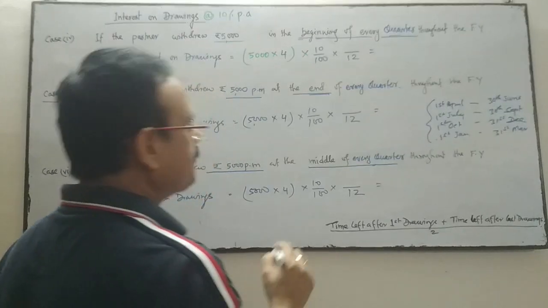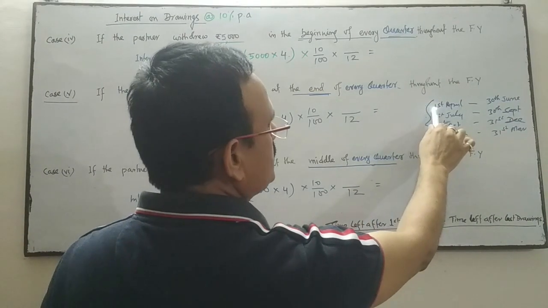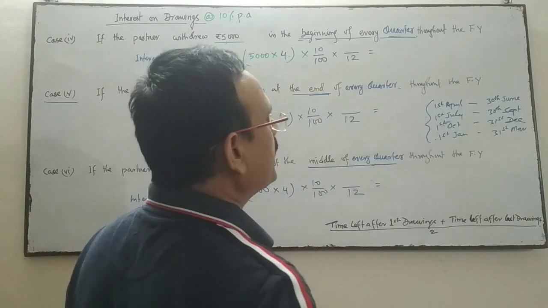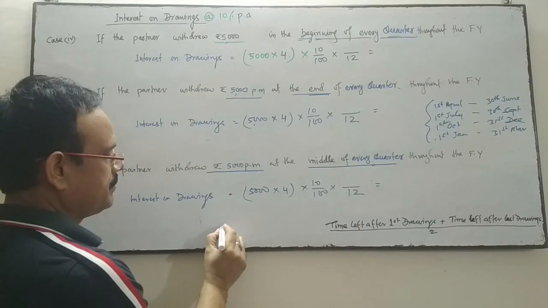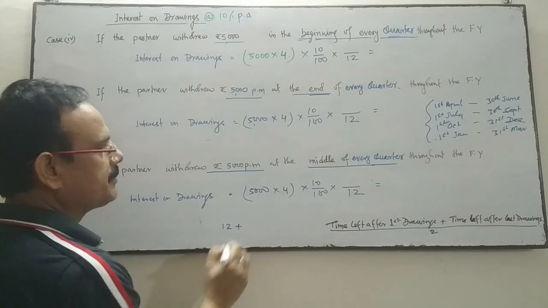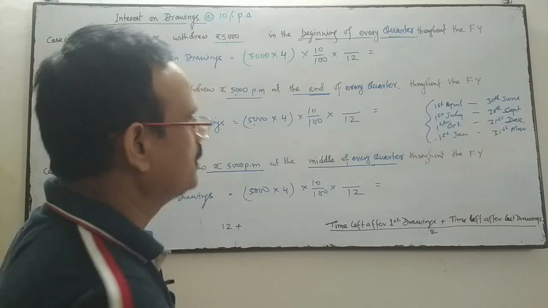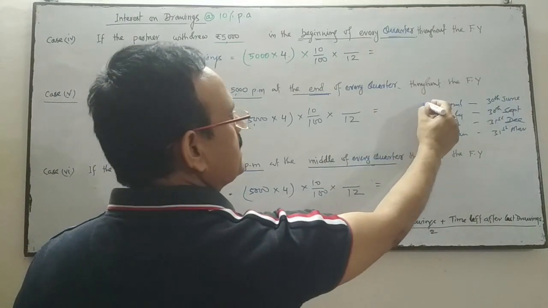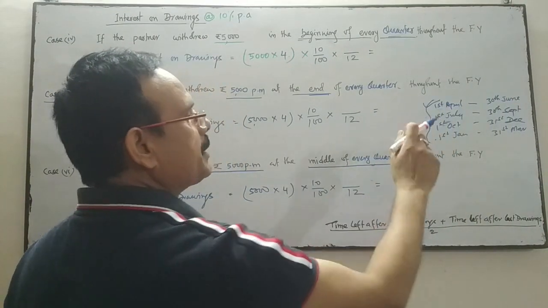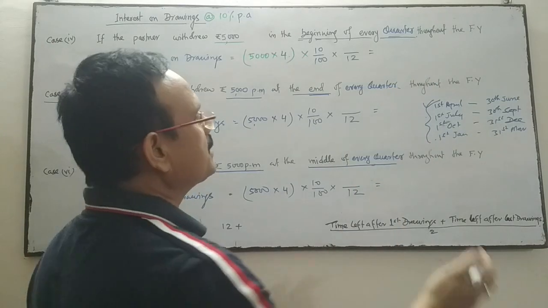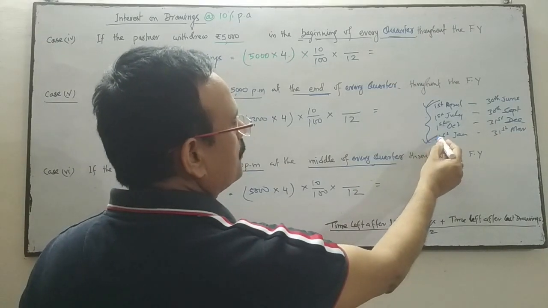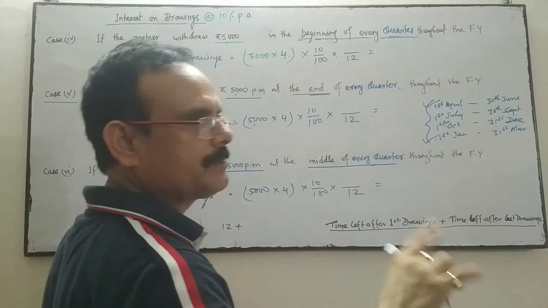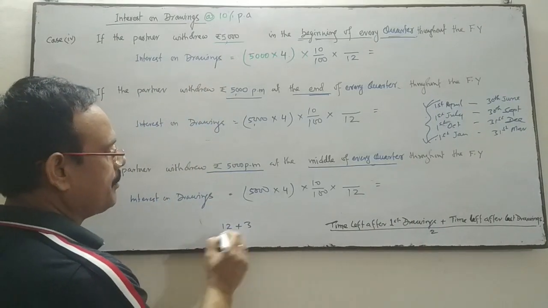The time left after the first drawing, 1st April, is the first drawing at the beginning. So 12 months is the time left after the first drawing, because the amount is withdrawn on this date. From 1st April to 31st March, it's 12 months. And the last drawing is on 1st January, so 1st January to 31st March is 3 months.